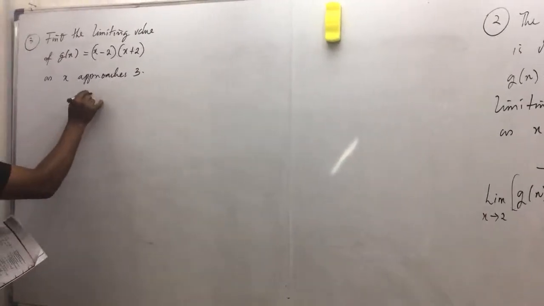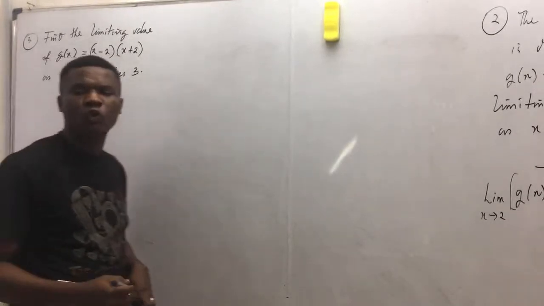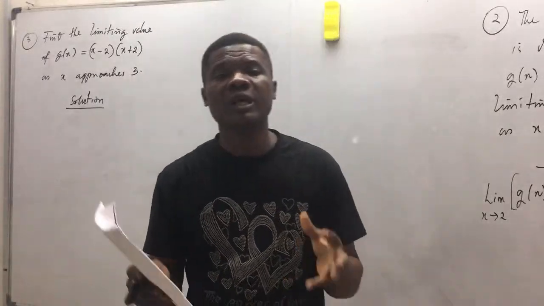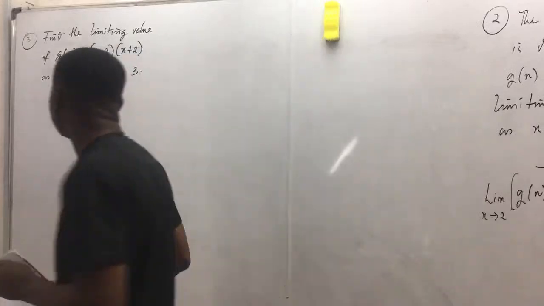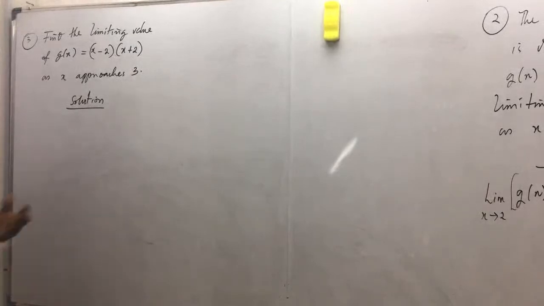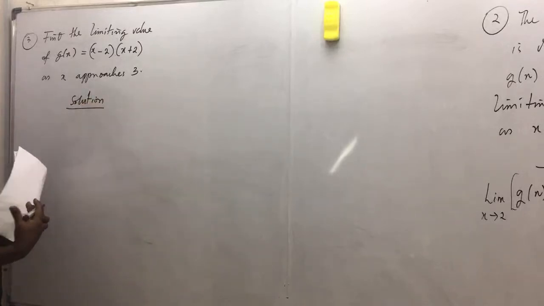Again, I will solve this problem using the product rule of limits. Remember, the limit of a product is the product of the limits. So when we are given a product of more than one function, probably 2, all you have to do to obtain the limit of that function is to obtain the limit of the individual functions and multiply whatever your results are.